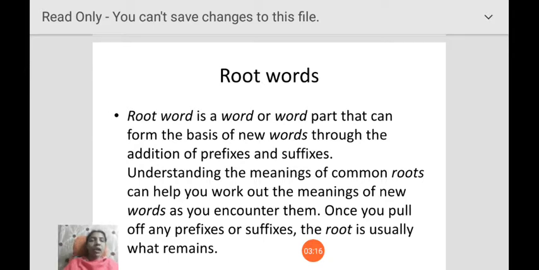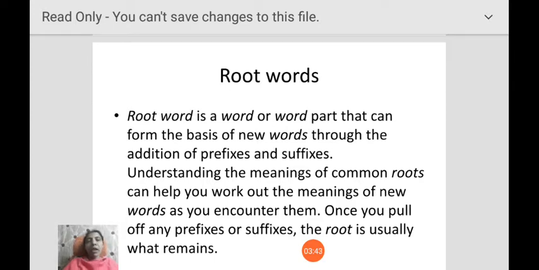Okay. So when you come across a new word, if it has a root word, you can guess the meaning of the root word, and if you know the meaning of the suffix and prefix, you can totally understand the meaning of that new word.